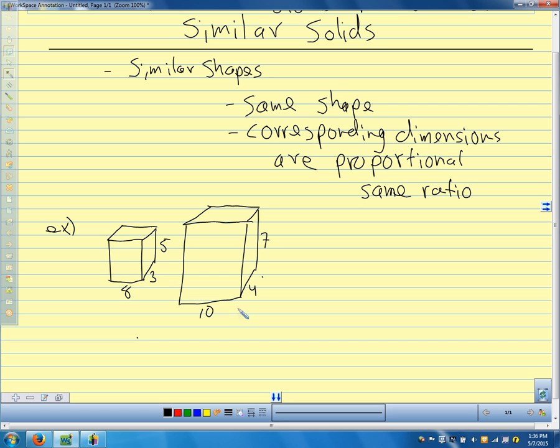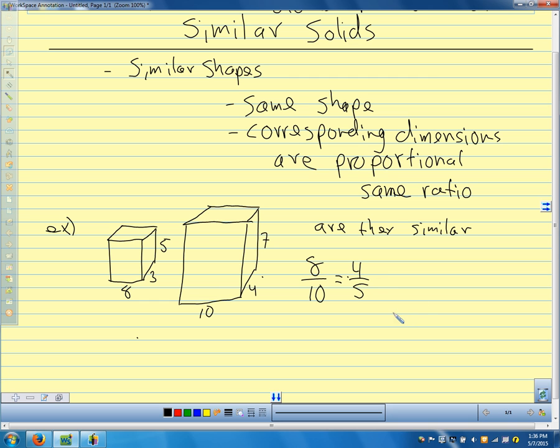All right, and there are the dimensions of these two rectangular prisms. The question asks us, are they similar? We need to make ratios to decide. What side are we going to make a ratio with 8? 8 over 10, and we can reduce that to 4/5.